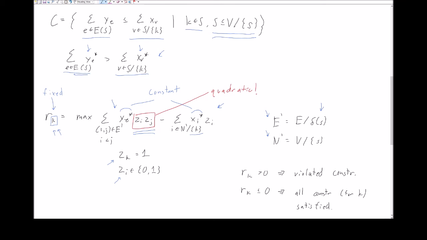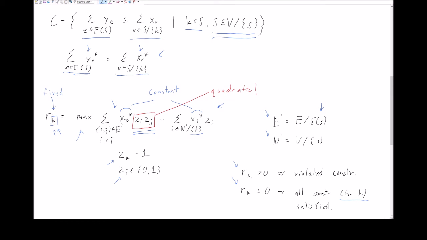Specifically, if we find that r of k is greater than 0, then we can verify that we have found a constraint that's going to be violated. The constraint is encoded in all of the z's, where z of I is equal to 1 if I is in S. However, if r of k is less than or equal to 0, then because this is the maximum difference between y's and x's over all sets S, we know that there is no violated constraint, at least not for this particular choice of k.